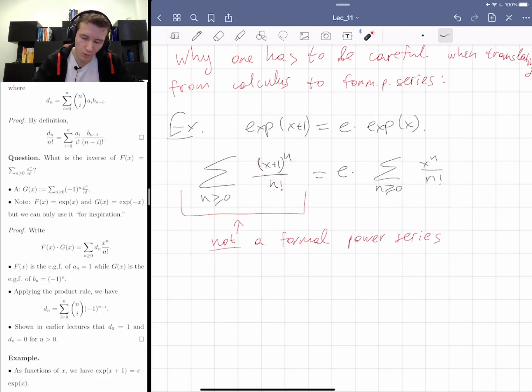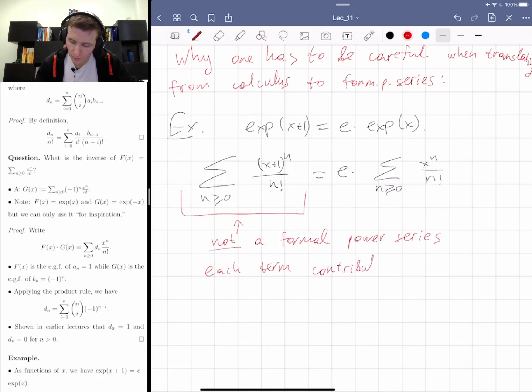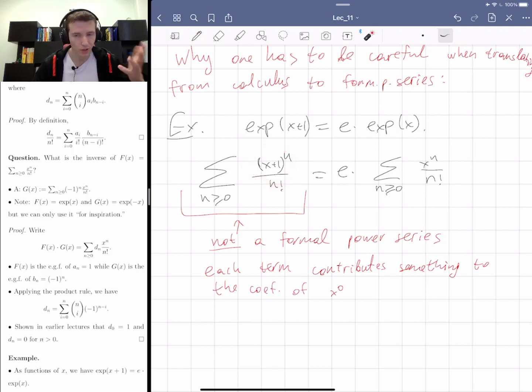So in other words, each term contributes something to, let's say, the coefficient of x^0. Each of these individual terms has a constant term. And it happens that these constant terms together form a convergent sum.